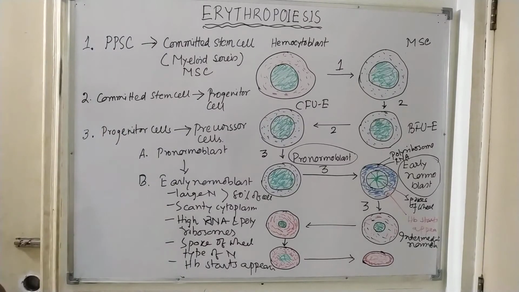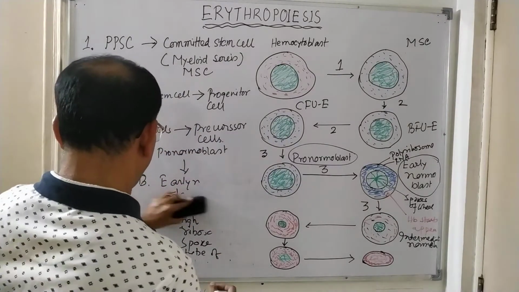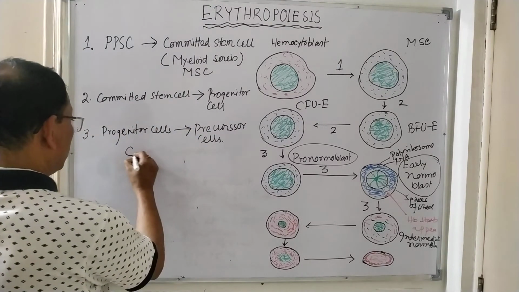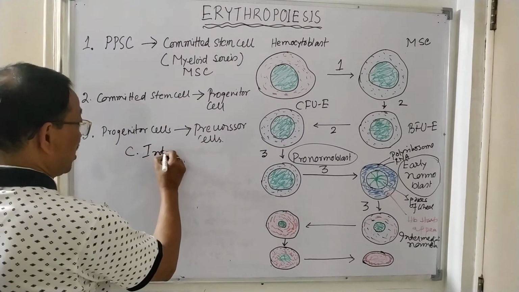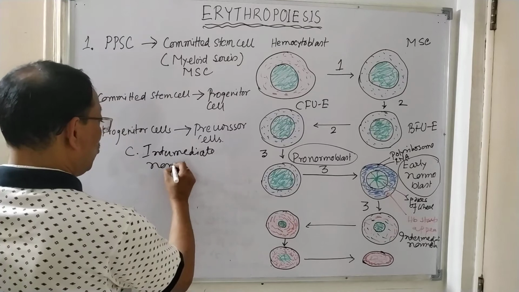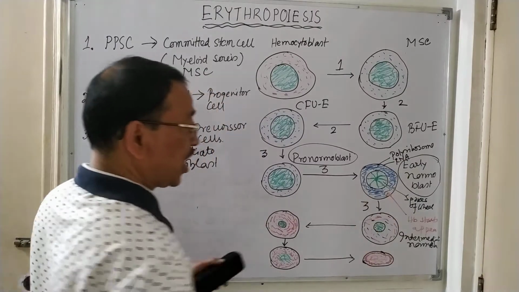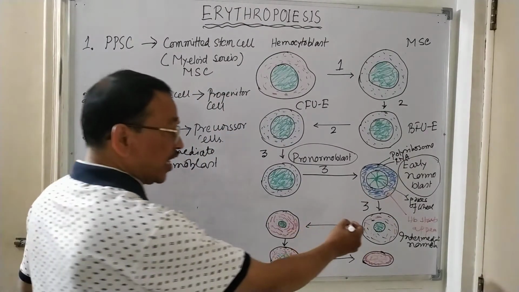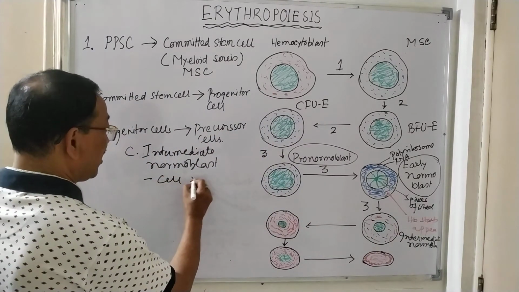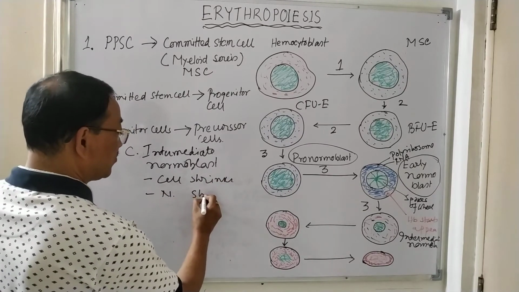Here you see, C is the intermediate normoblast. In the intermediate normoblast, the cell size shrinks, and the nucleus also shrinks.